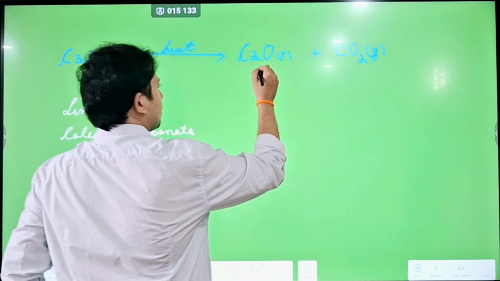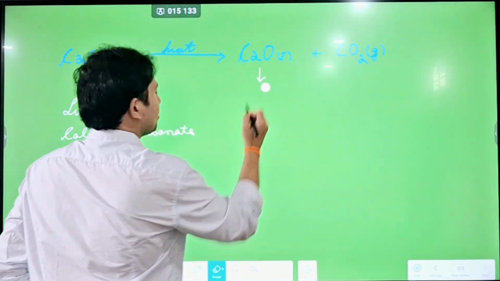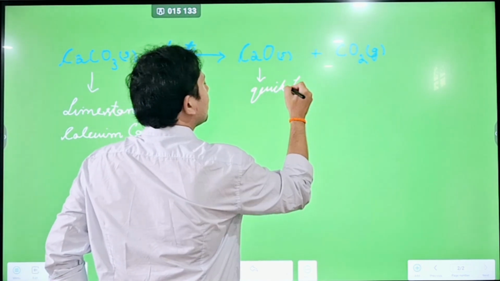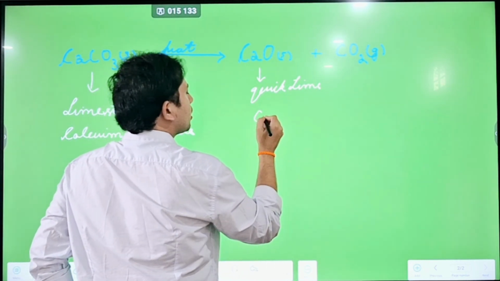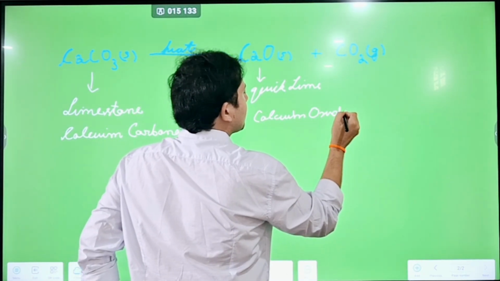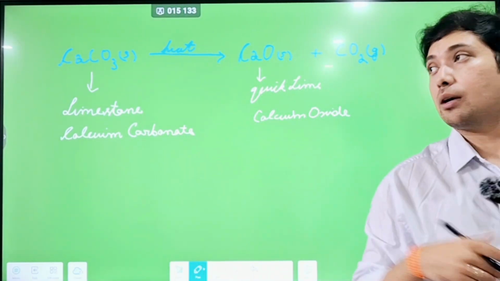CaO is none other than quicklime. Sorry, pardon my handwriting. Quicklime, or the scientific name calcium oxide, and with the addition of carbon dioxide.